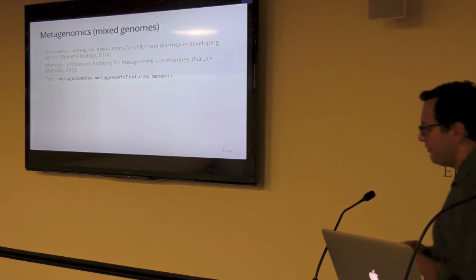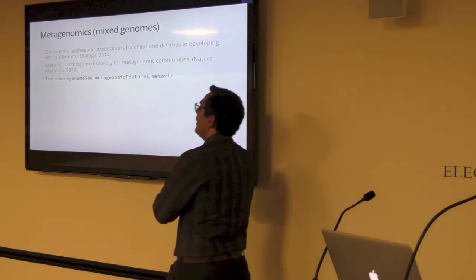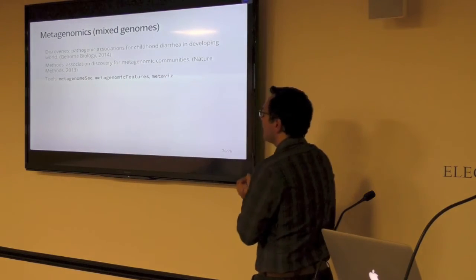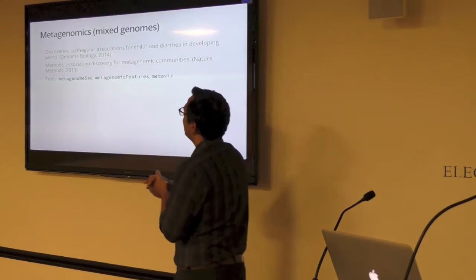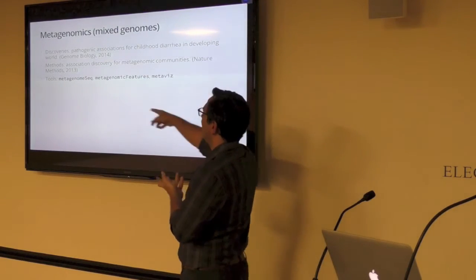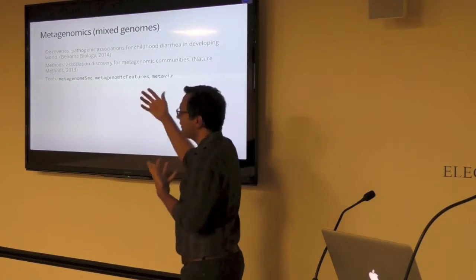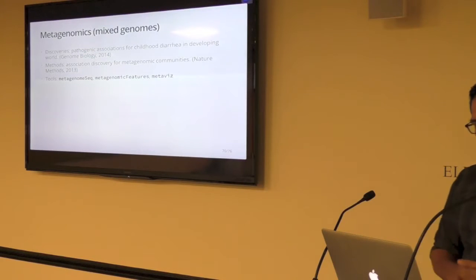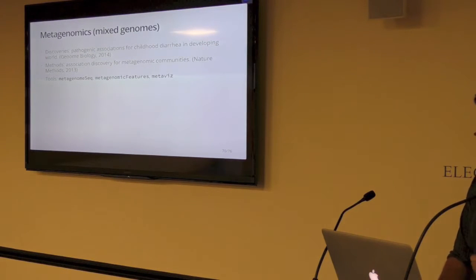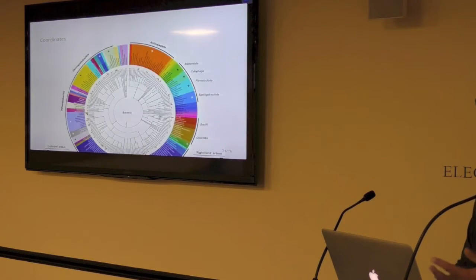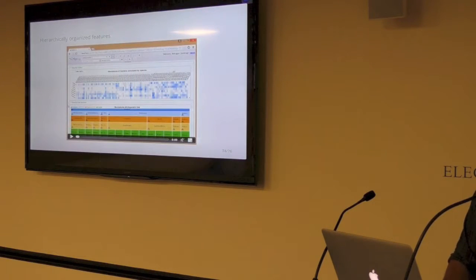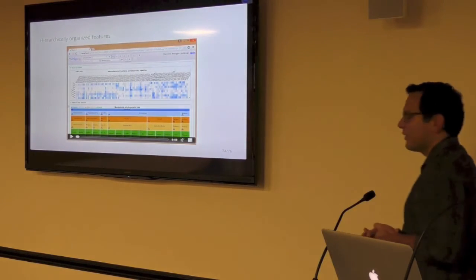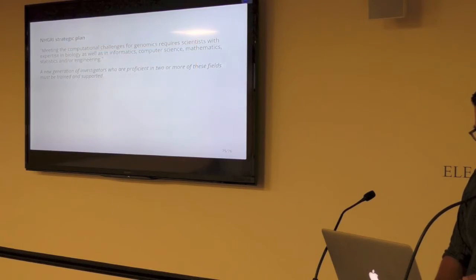And again, on the discovery side, we carried out a large study looking at novel pathogenic associations for childhood diarrhea in the developing world, developed new methods for association discovery in metagenomic communities, in Genome Biology and Nature Methods, and also developed tools that are now being used as part of metagenomic analysis by the community. And again, visualization is going to be a big part of that, where we're developing these methods to visualize hierarchically organized features based on the same systems that we were building.